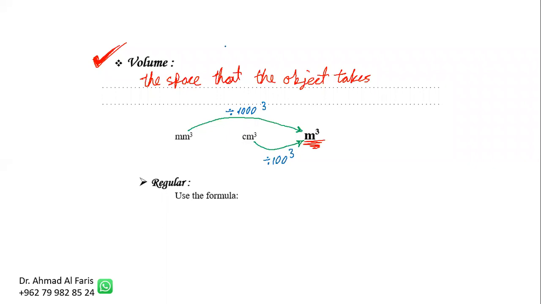So it depends on how much information we have and what the object is. Now, usually we have regular objects or irregular objects. For regular objects in math, you are going to study a lot of formulas to find the volume of several shapes. But in physics, we have two shapes only.